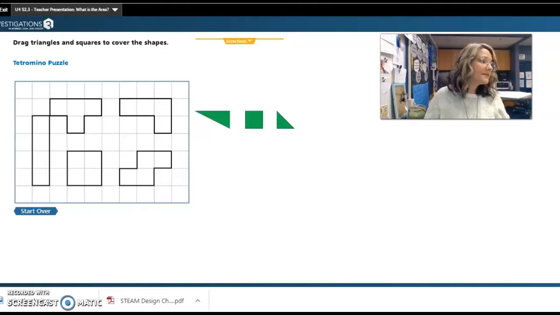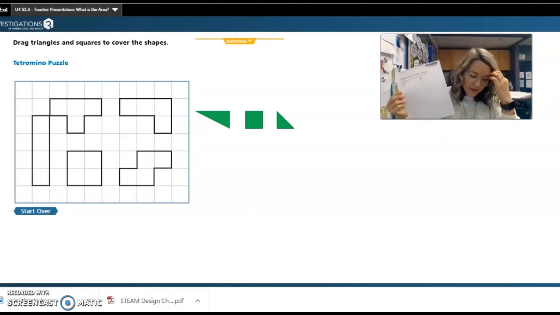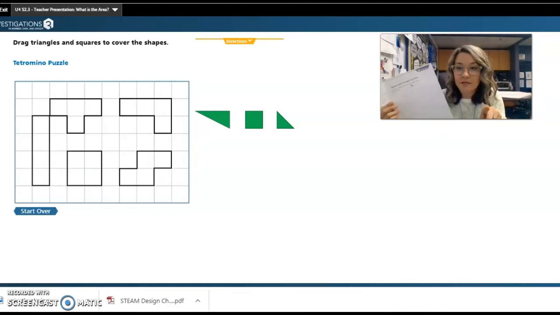Your task today is going to be cutting out the squares and triangles and arranging them so that they cover those 5 Tetrominos on pages 239 and 240. You may need to arrange and rearrange them to find a way to make the pieces fit. And remember, when you find area, everything has to be covered. There can't be any gaps or overlaps, okay? So when you have found a way that they all fit, you just glue your pieces on those pages, okay?